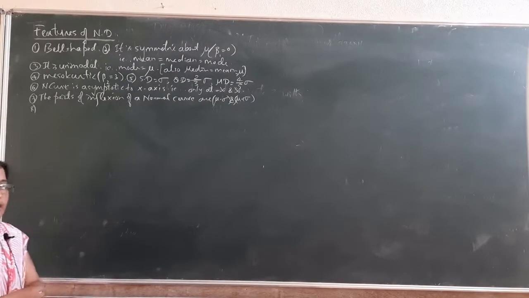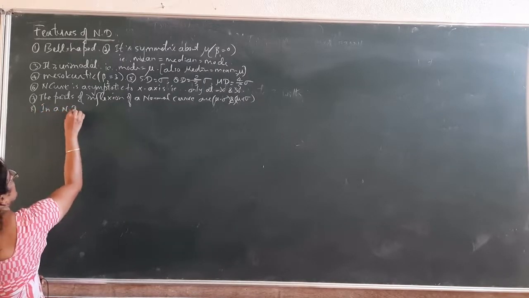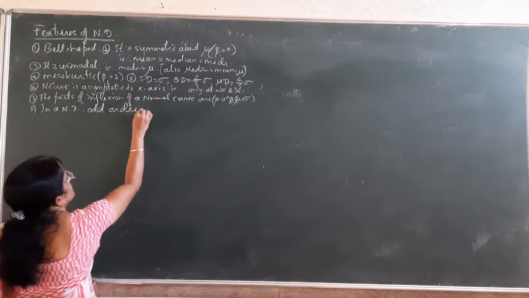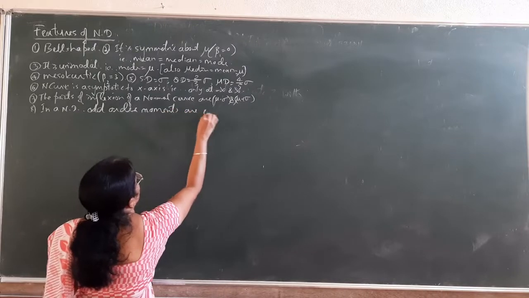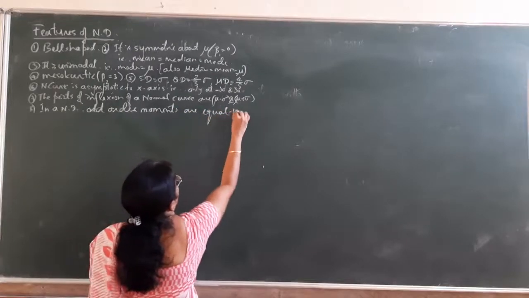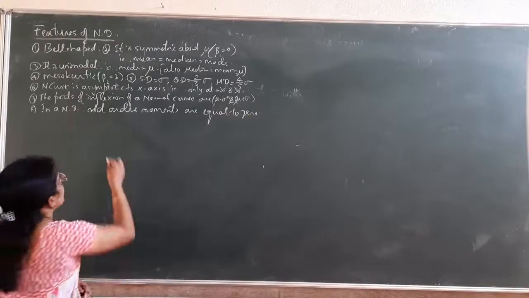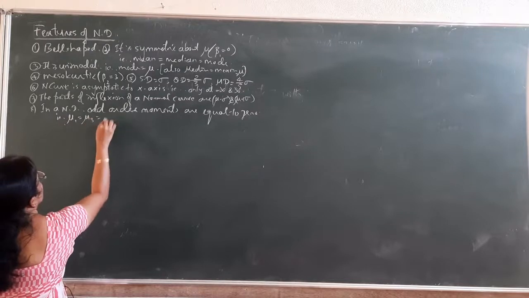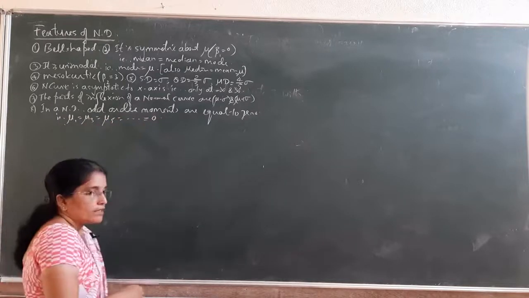Here remember, in a normal distribution always the odd order moments are equal to 0. That is, mu1 equal to mu3 equal to mu5 and so on, which is equal to 0.